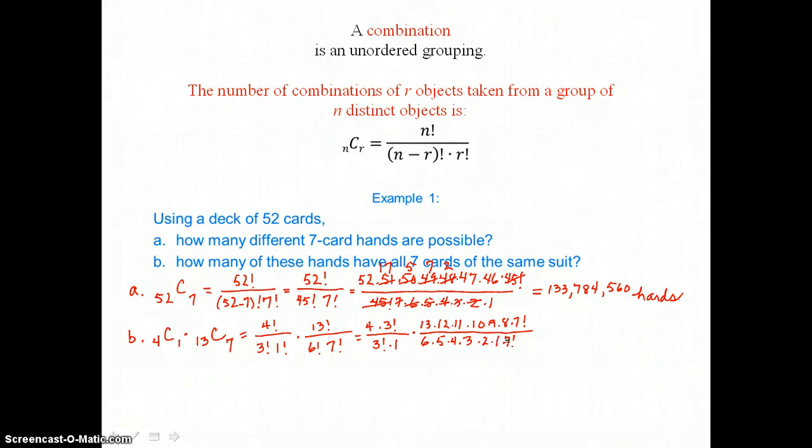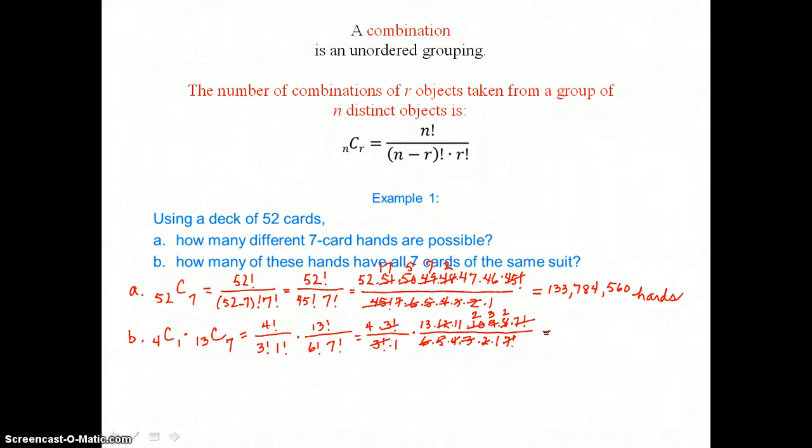Okay, and now canceling, let's get rid of that 7 factorial top and bottom. Let's get rid of a factor of 12. We have 6 times 2 in the denominator and 12 in the numerator. Let's get rid of a factor of 5. That goes into 10 twice. And 4 goes into 8 twice. And 3 goes into 9 3 times. Okay, and then in the first combination, get rid of the 3 factorial top and bottom.